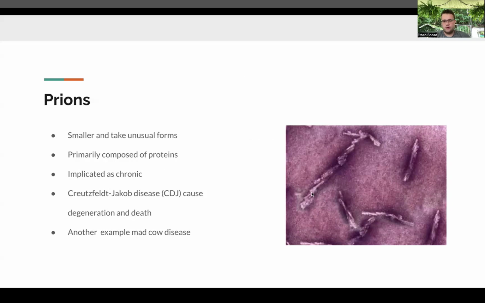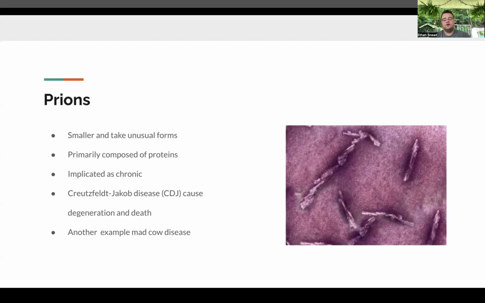If you look at this one under my mouse, you can see that it's kind of looped in different phases. Prions are primarily composed of proteins, and they can be labeled as chronic, and they're very prominent in animals as well as humans.